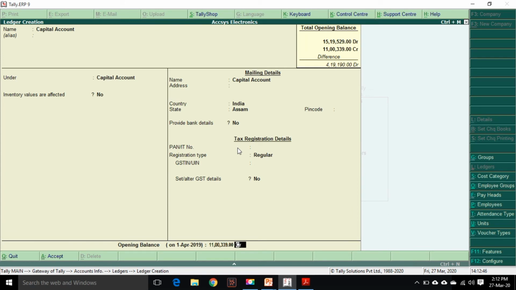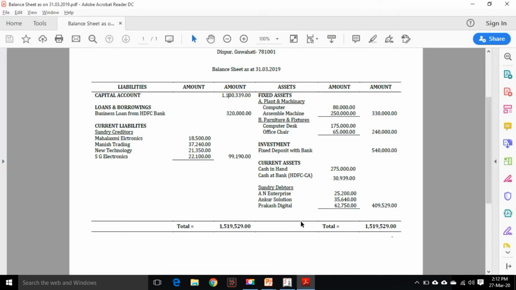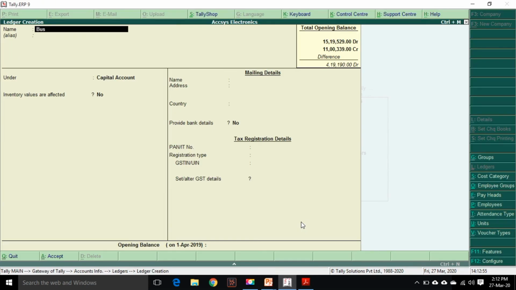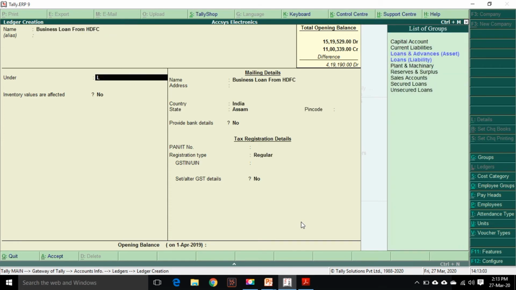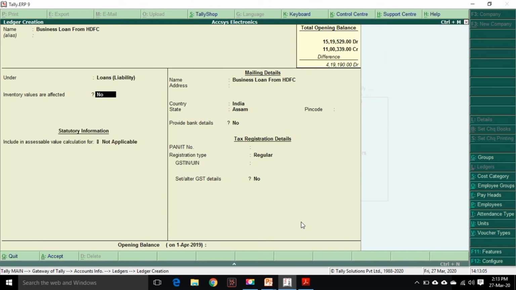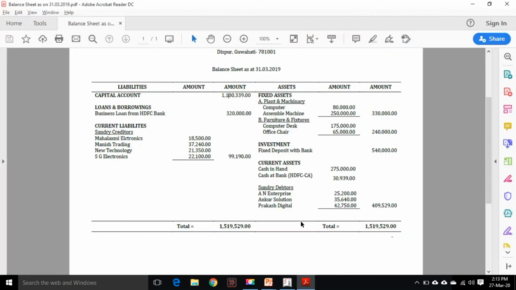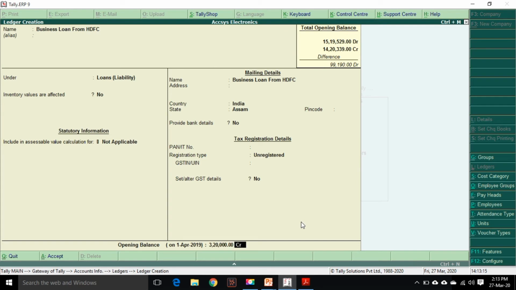It's credit because it's capital. Then business loan from HDFC. Loan will come under the group loans liability. As of now, make it unregistered. Opening balance is 3,20,000.